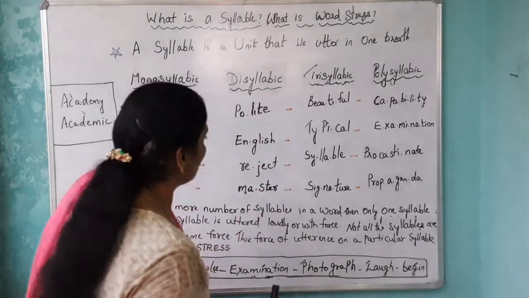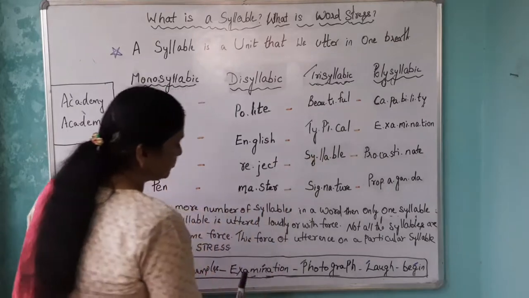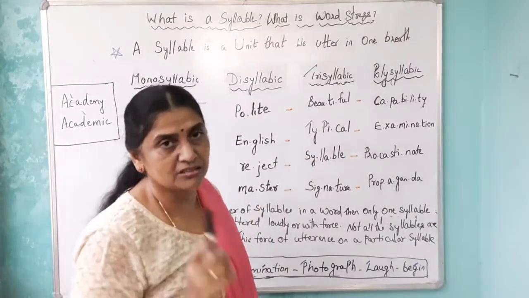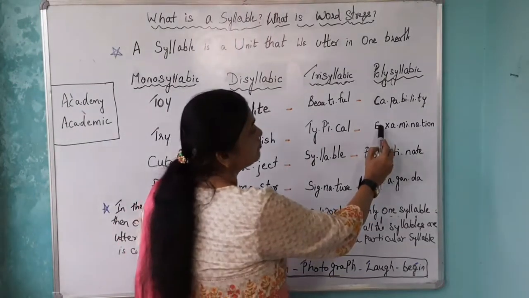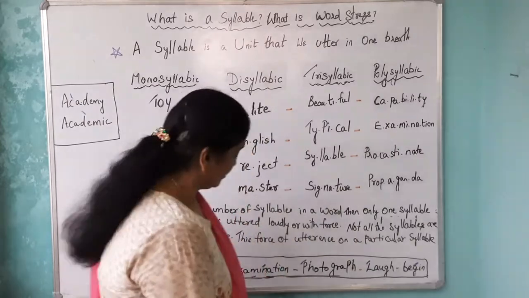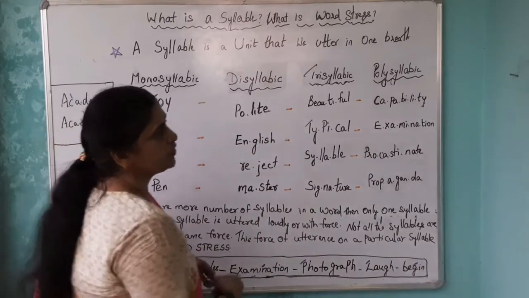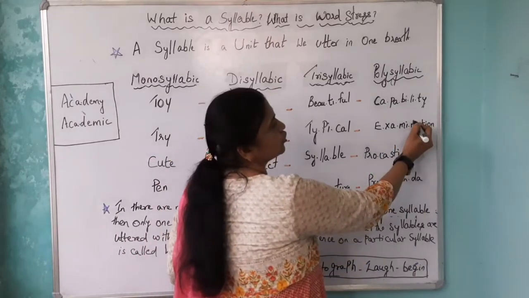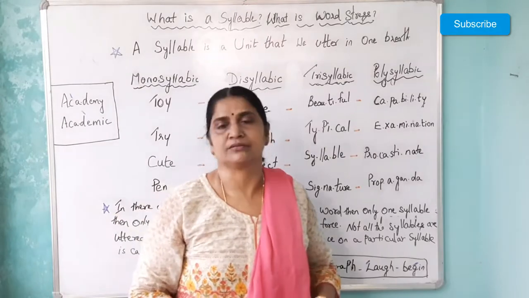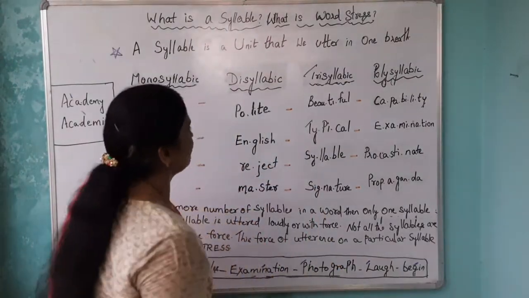Got it? Now like that you take examination, a polysyllabic word, examination. Na is stressed. That's the fourth syllable. Examination. So the stress is on the fourth syllable here. And now you take photograph.